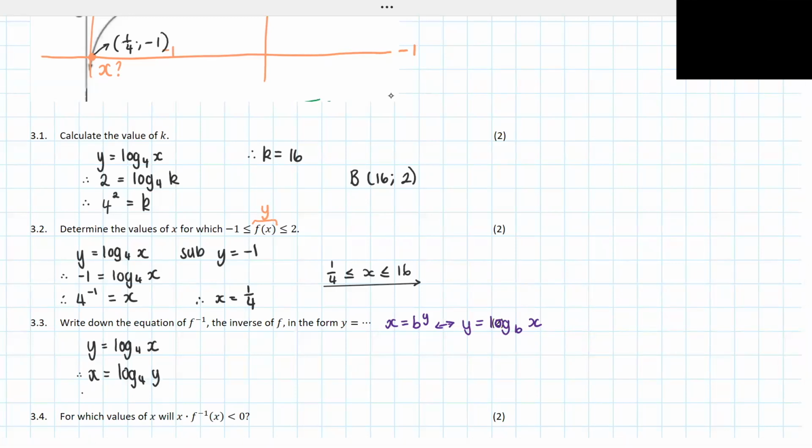So when we swap the x and the y, we now get base to the power of your answer, x, is equal to y. So that's how I knew it was 4 to the power x. The quarter came from my substitution in 1. So a quarter was just a random x value. Our base in this case is 4.